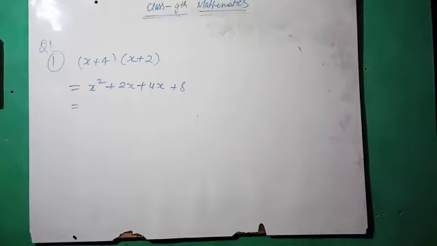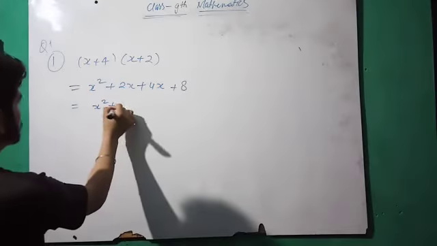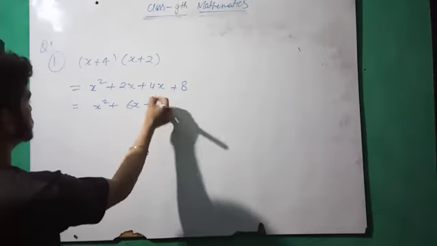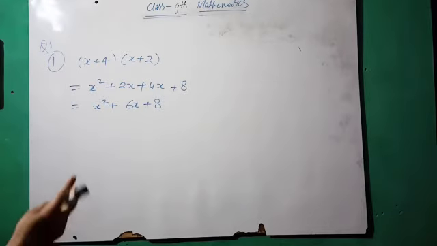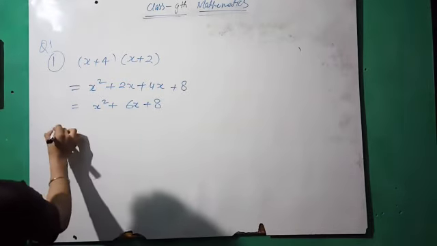If you go through the identity, then you have to remember the identity, and whenever you do the question, you have to write that identity in the answer. x square plus 2x plus 4x, so x square plus 6x plus 8. So both answers are the same. Your approach may change, but your answer must be the same.